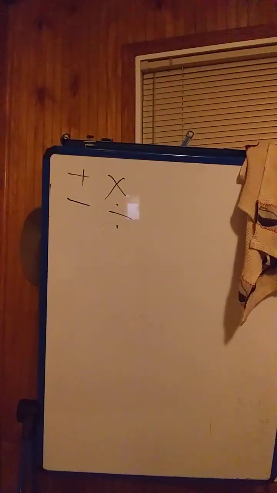So, multiplication is basically like addition, except it's even higher and more extreme up there than addition. Did I say division? Well, I meant addition. Division is somewhere in between.